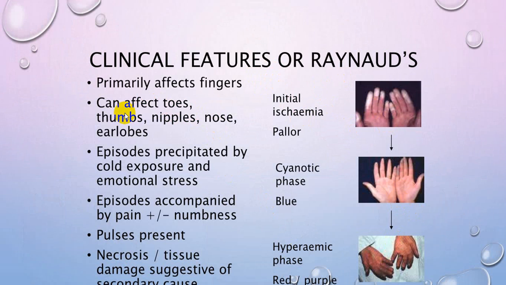It can affect tips of fingers, toes, thumb, rarely nipple, nose, ear lobules. We have told you two common triggers: exposure to cold and emotional stress. During that, the person will complain of pain, tingling, numbness, etc. And if it persists for a longer period, you can have necrosis, gangrene, and auto amputation.